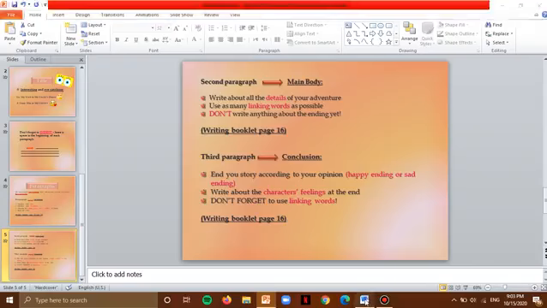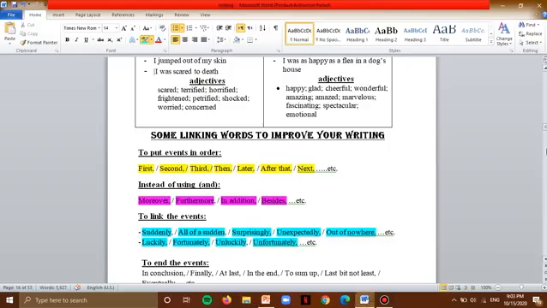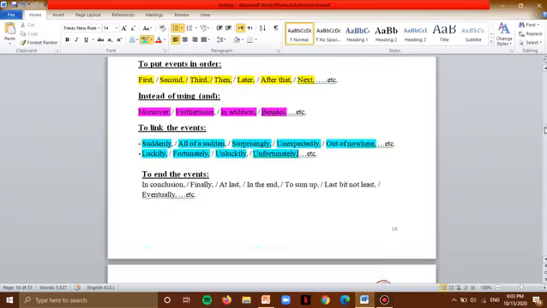So if you open again on page 16, here I'm going to end my event. So here I'm going to provide a solution. So I'm going to say in my conclusion, in conclusion, for example, in conclusion, we ran away, or police finally came. Finally, here we go. Police finally came. At last, we found someone who helped us.